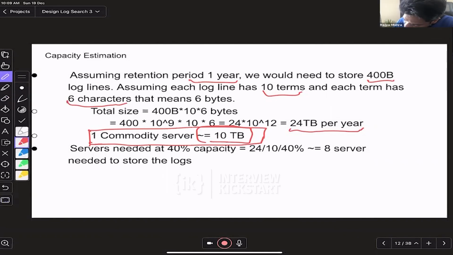Generally, for the normal kind of machines which are used, the disk size was from 2 terabytes to 10 terabytes. So for the ease of calculation, I took this number as 10 terabytes. So this is one correction from my side.